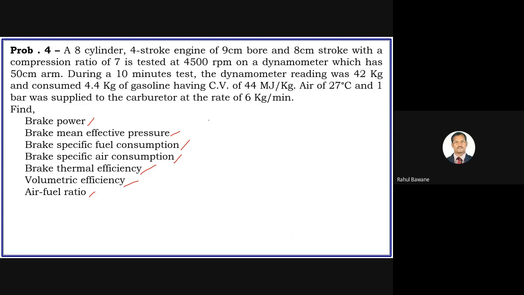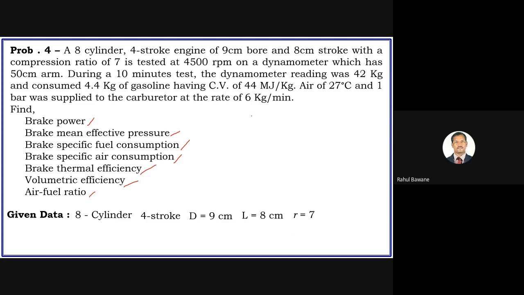So let's see what is given in the statement. 8 cylinders, so number of cylinders is 8. 4-stroke engine, so type of engine is 4-stroke. 4-stroke engine of 9 centimeter bore, so D is 9 centimeter, and 8 centimeter stroke, with a compression ratio 7. So they provide a compression ratio value which is 7.